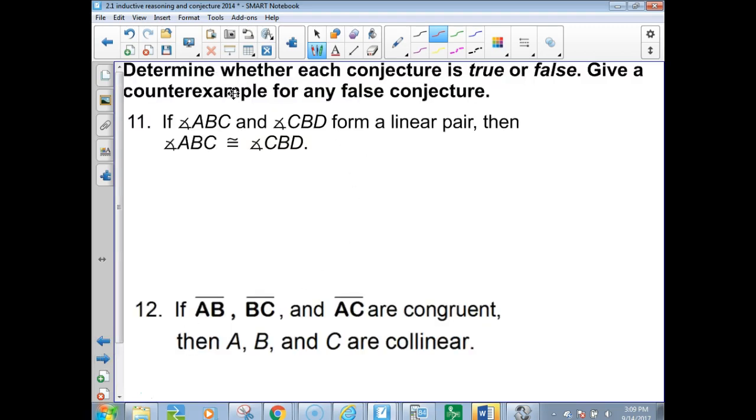Alrighty. Okay, next one, same ideas. If angle ABC and CBD form a linear pair, so I need to make a linear pair. I need an angle ABC and CBD.